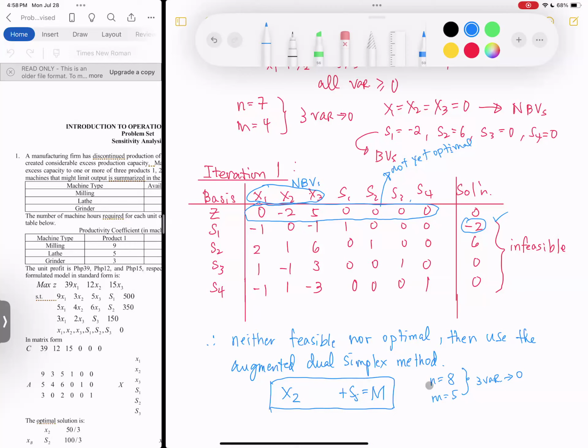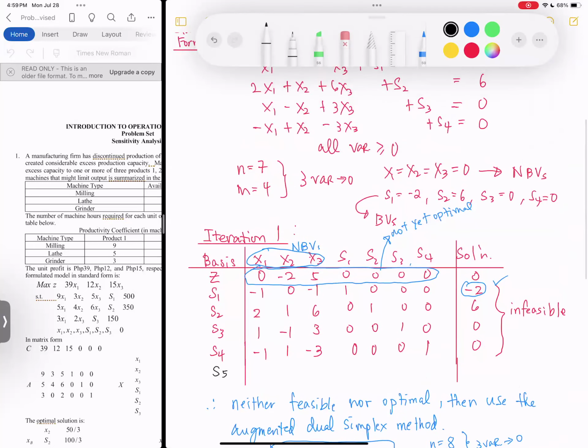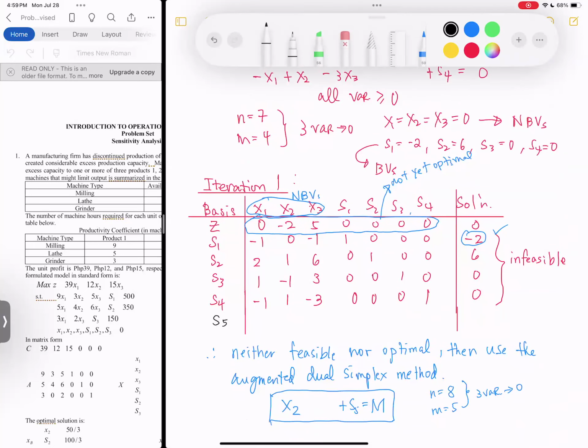So if s5 is basic, then I will add it here in the Tableau. So just augment, kaya nga augmented dual simplex, just augment this constraint here to your standard form here. So this is what happens.